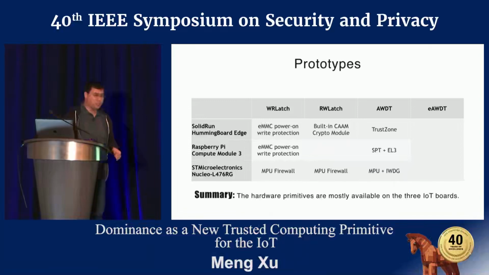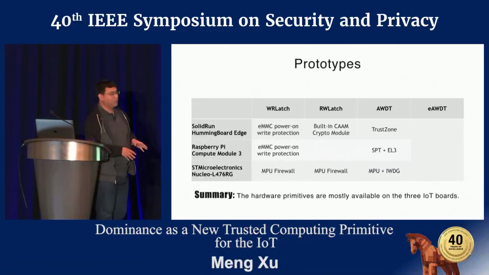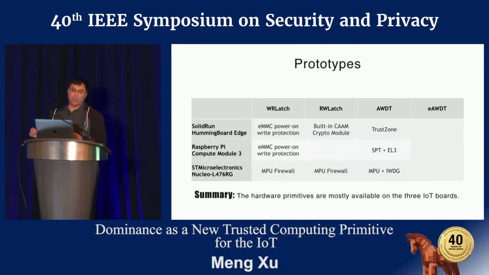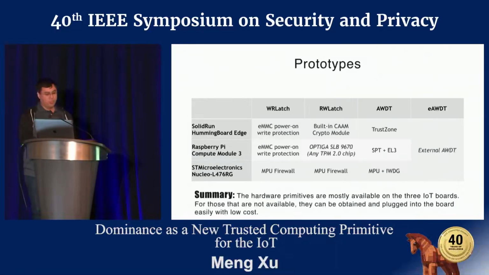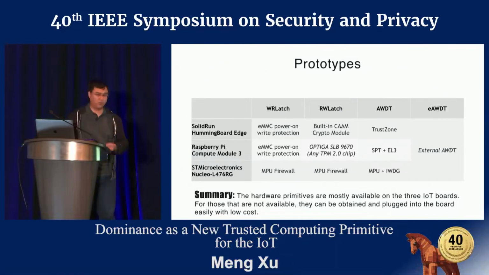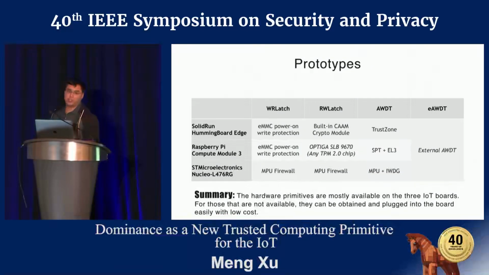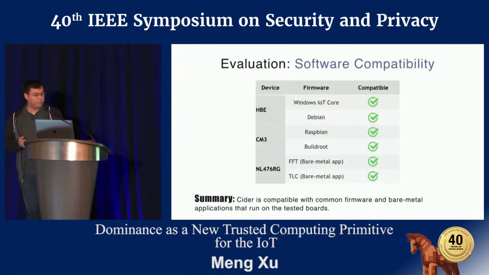And we found that most of them are quite readily available in those boards. You just need to find the right thing and use it as the latch or the watchdog timer. In case they are not readily there or you don't want to repurpose the hardware, you can always obtain an external chip at very low cost.